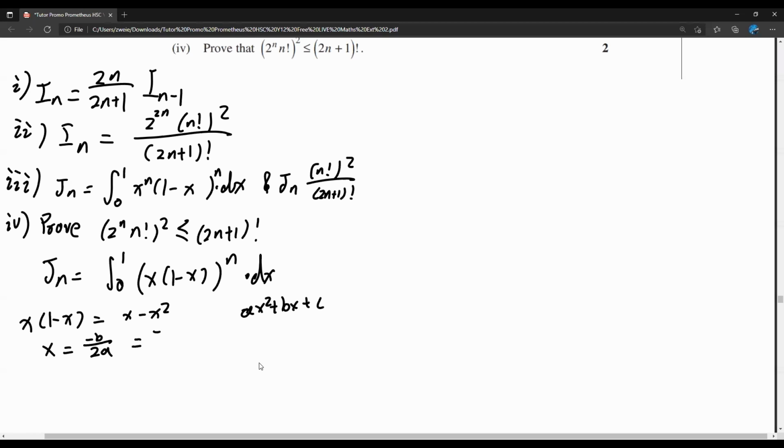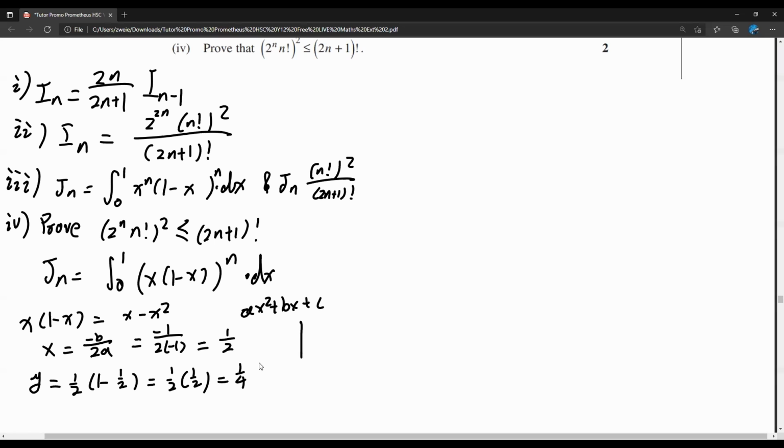So what I have is negative 1 over 2 times negative 1. So what I get is a half. That is my vertex x value. And then I'll have my y value. My y will be equal to, subbing that in, half times (1 minus a half). I get half times a half, which is 1 on 4. And this will be my maximum value.